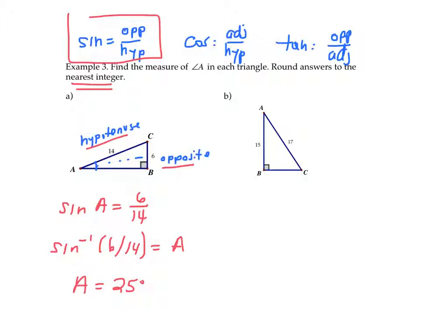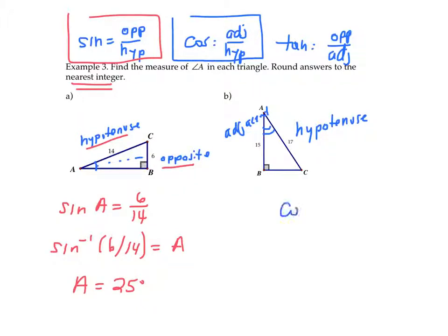And question B, take a look at where angle A is. It's up here. This side is my hypotenuse. This side is the adjacent side. If we're working with adjacent and hypotenuse, we want to work with cosine. So you can say the cosine of angle A is equal to the ratio of the adjacent side over the hypotenuse.